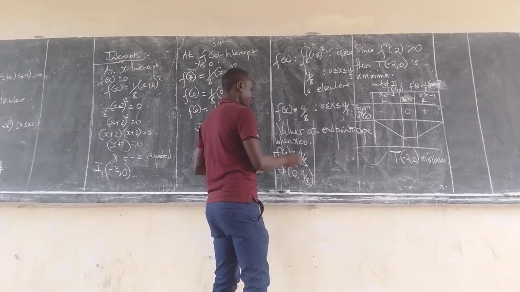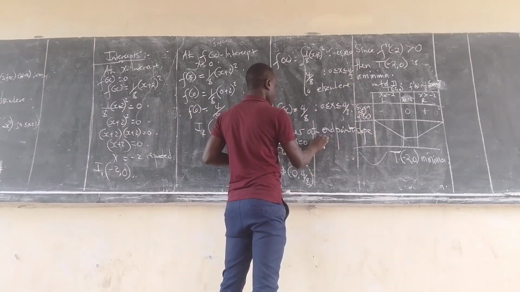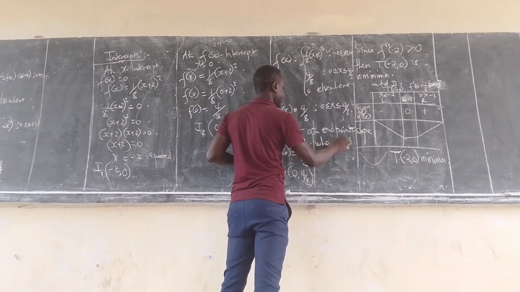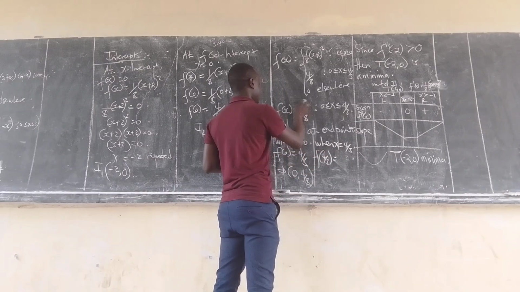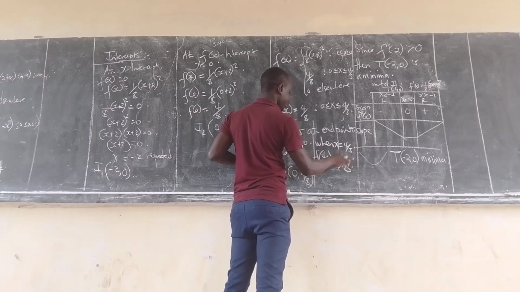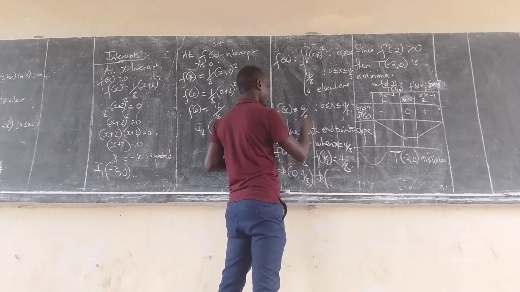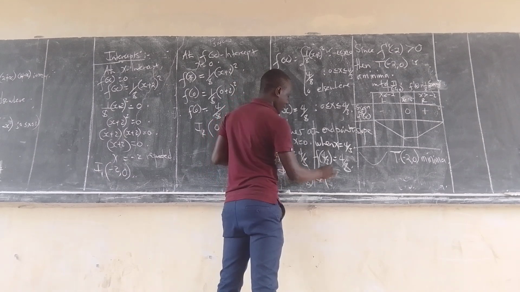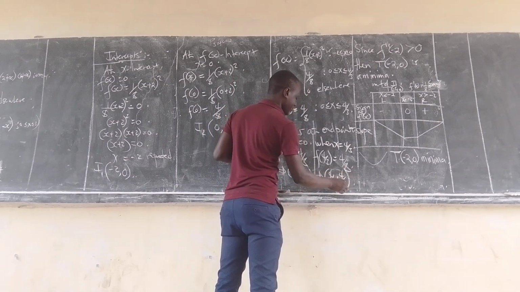The second endpoint is when x is 4/3. So my f of 4/3, we are substituting in this, is going to be 4/8, and my endpoint, which is the final point for that linear PDF, is going to be 4/3, then 4/8.